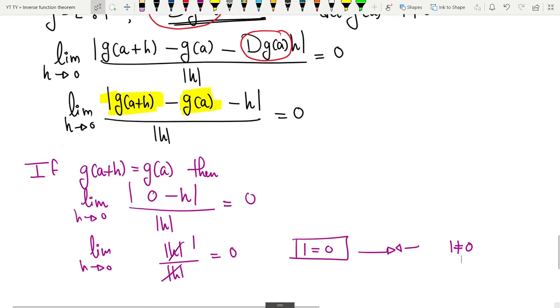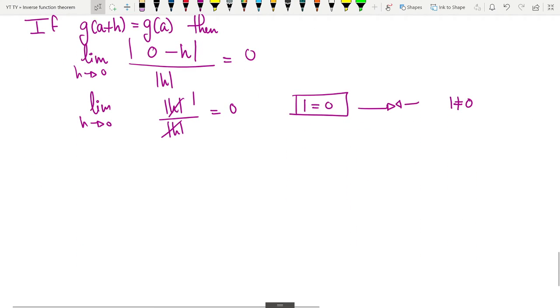Therefore, what I understood from this is that g(a+h) should not be equal to g(a). It cannot be equal to g(a).